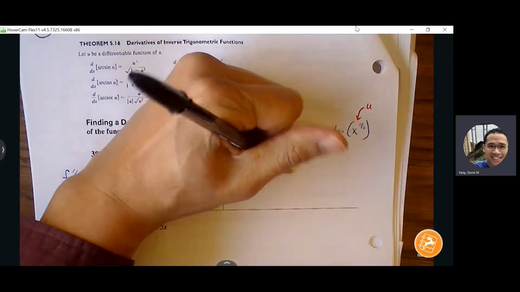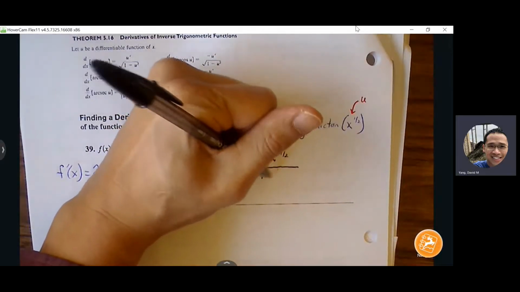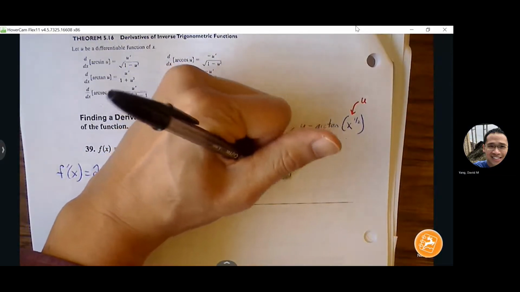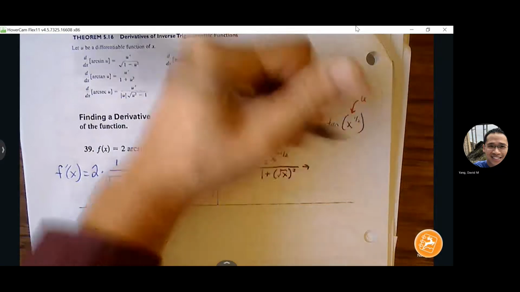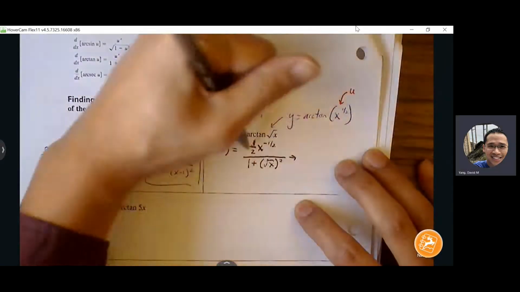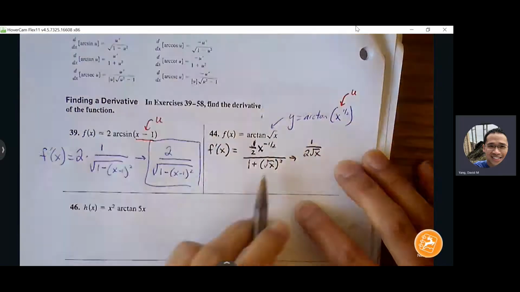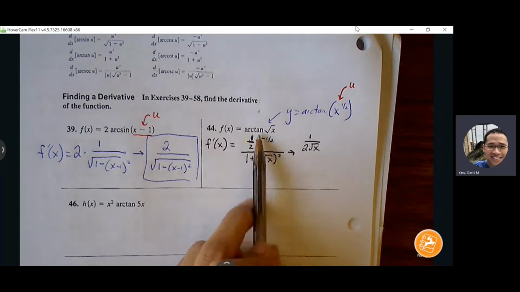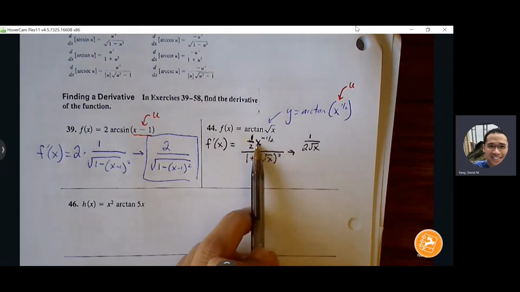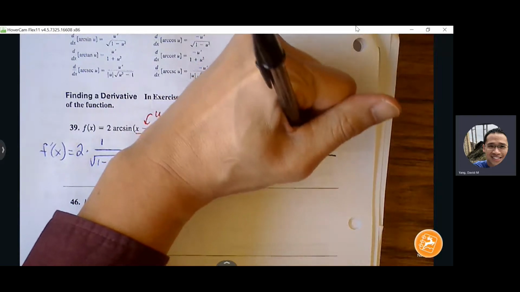That's my u prime, divided by 1 plus u squared. Do a little bit of cleanup. I'm going to bring that x down to the denominator, but it's only going to be in the denominator of my numerator space. I will resolve this complex fraction with my next step.